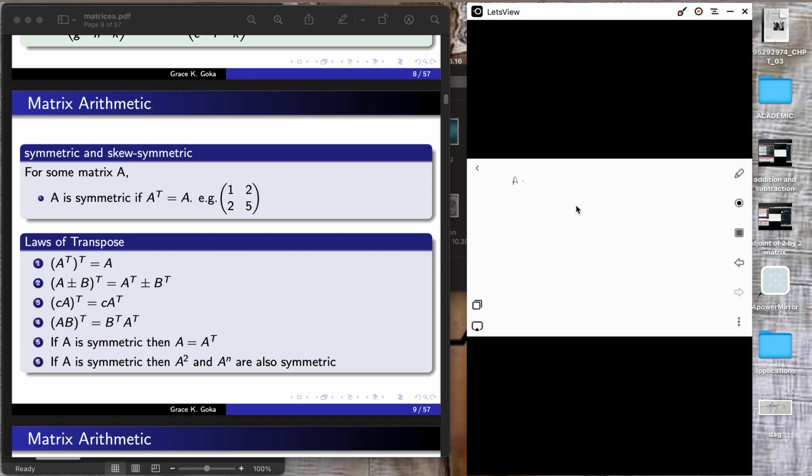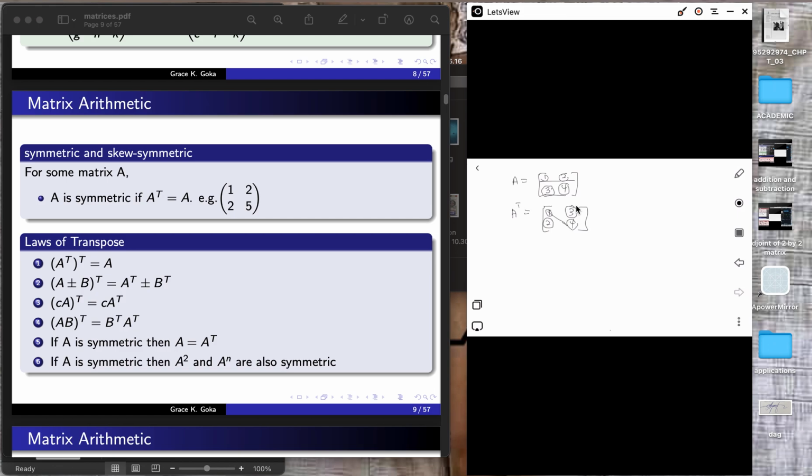Now let's look at something here. If I have matrix A given as 1, 2, 3, 4, and I find A transpose, I pick the first row, which becomes my column 1, 2. Pick the second row, which becomes my column 3, 4. Although A and A transpose have the same dimension, the components are not the same at the same positions. The first one satisfies the condition, but for the second component, we have 2 here and 3 there. We have 3 here and 2 here, and we have 4 here and 4 there.